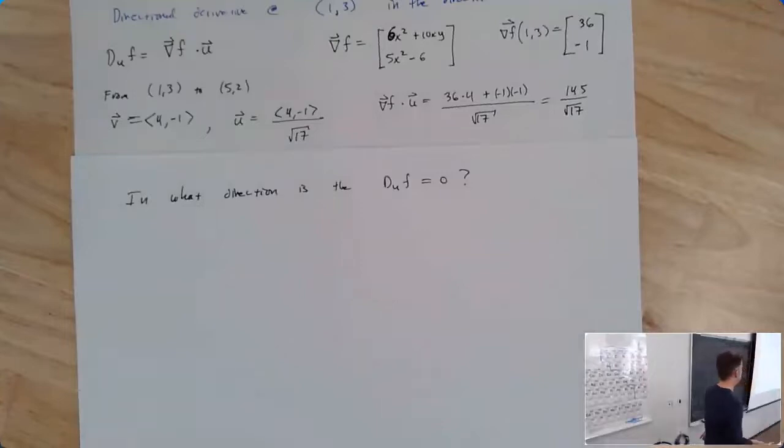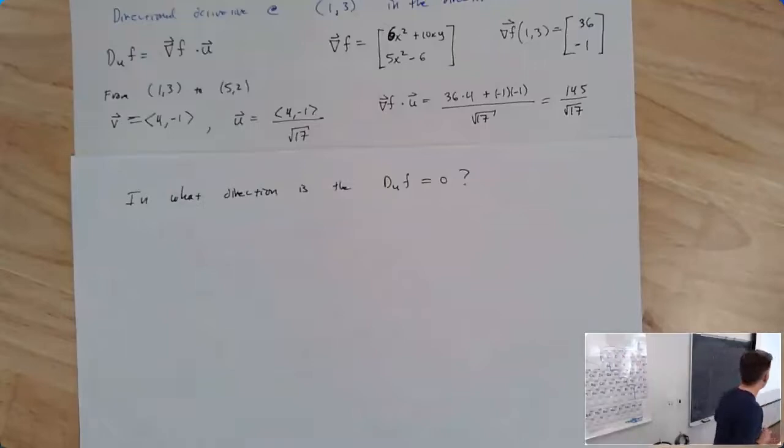You could say, in what direction are we traveling perpendicular to the gradient? Or in what direction are we traveling along a level curve? Also the same thing. All these things mean that the height of your surface is not changing. You are staying at the same height. Your derivative is 0.